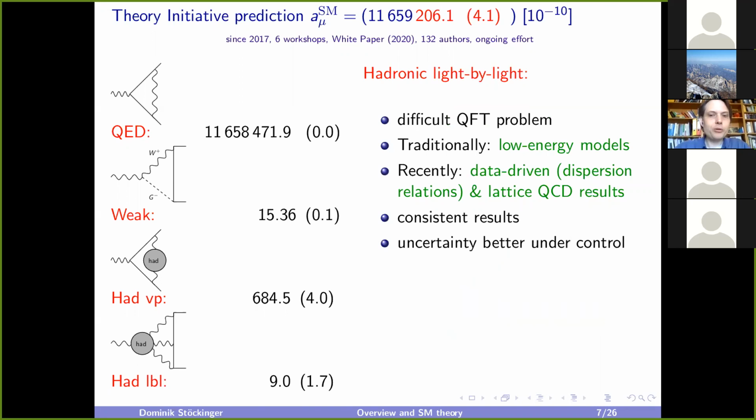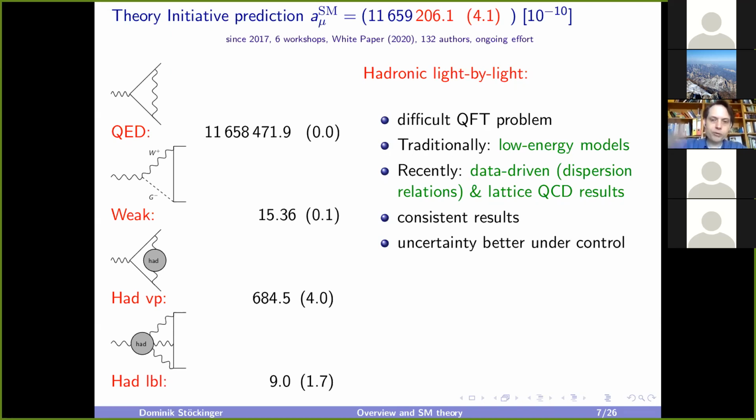Then there are these hadronic light-by-light corrections, which are an even more difficult non-perturbative quantum field theory problem because of the many different energy scales which are simultaneously involved. They can be calculated in 3 different ways. One also has dispersion relations since recently. One has lattice QCD, and one can also use low energy hadronic models, which are not exact effective field theories, but models of hadronic effects.